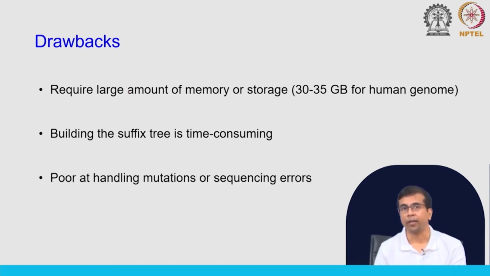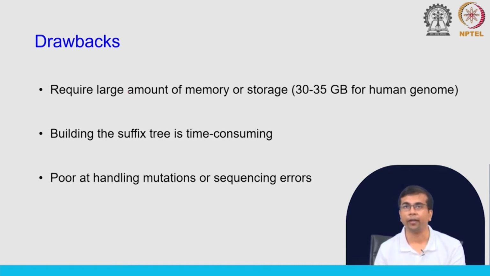And lastly, it is also poor at handling mutations or sequencing errors. When there are mismatches, it cannot find those mappings. Of course, we have discussed that we can perhaps design certain ways to circumvent this problem, but because of the first two limitations, it is actually not worth it.